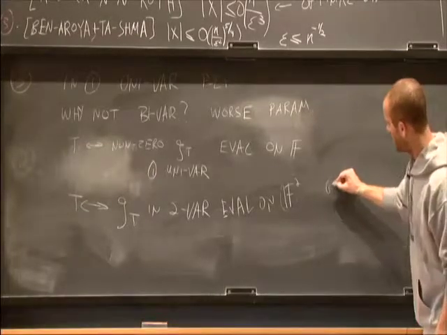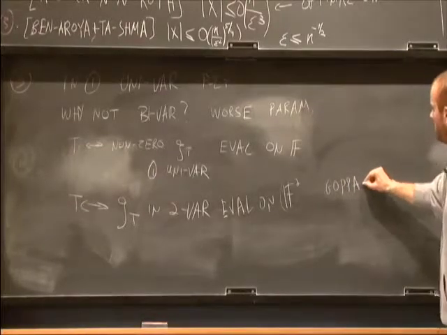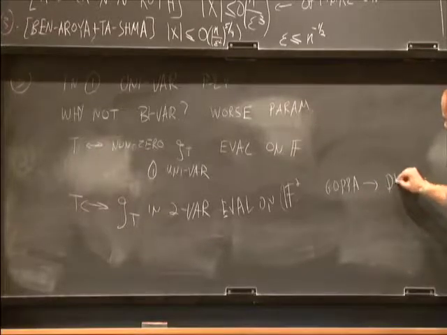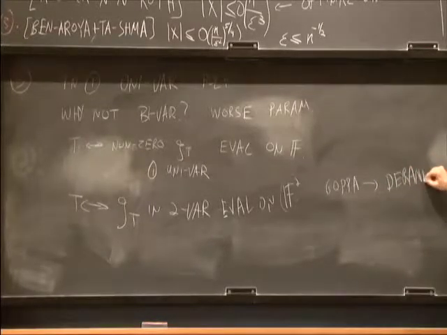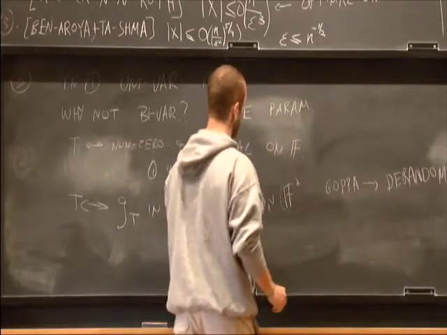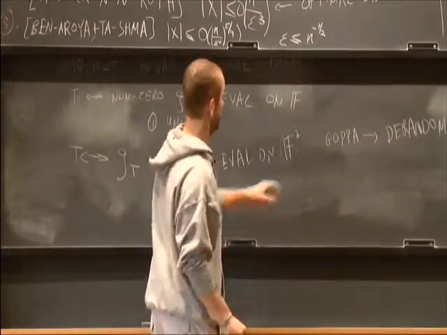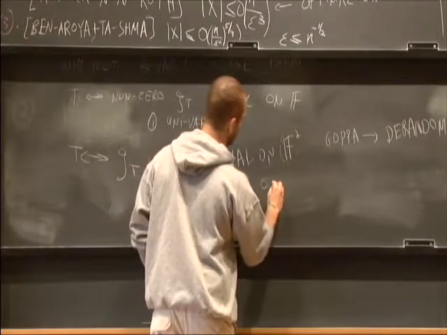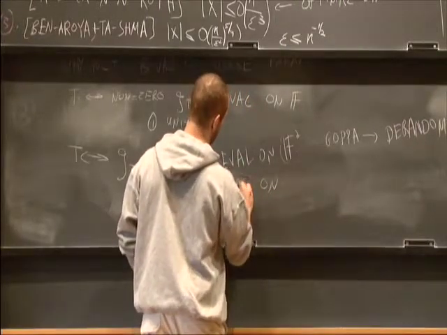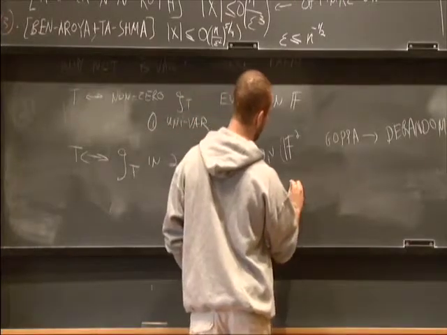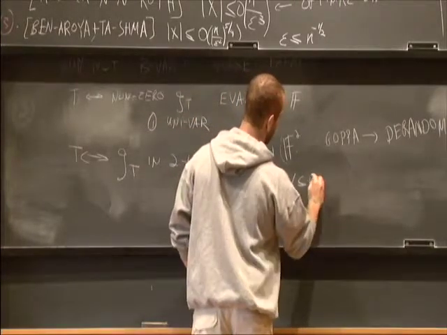So Goppa, who started the whole algebraic-geometric code thing, in some sense tells us that we should de-randomize F squared: not choose all points in F squared, but choose some points in F squared. The way he suggested to do it, instead of taking all points in F squared, is to evaluate on some variety in F squared.